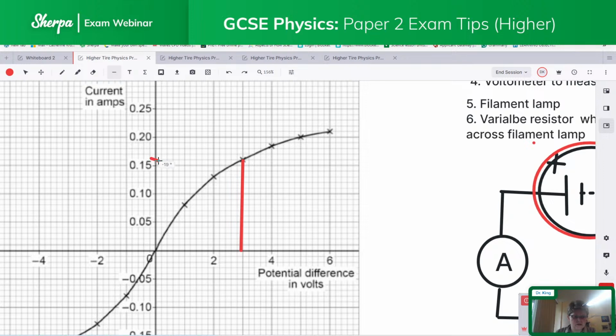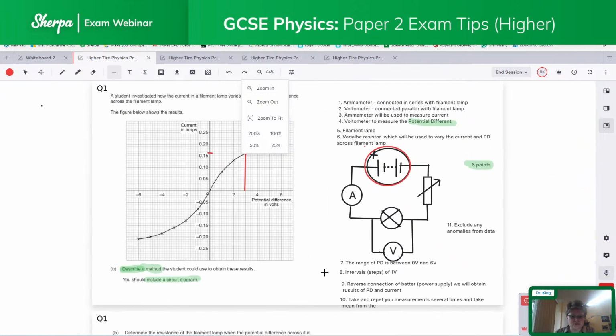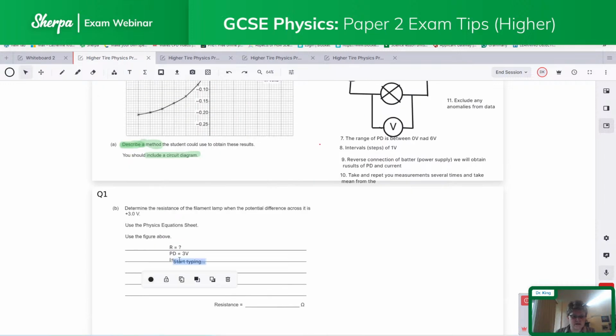That's the point. How to justify how much it is: we have 5 spaces, those small squares between the bold lines. It means that every single line is 0.01. In my case, my current is 0.16 amps, and it's important to use units. Remember, it's higher tier, they will look at your understanding of physics.